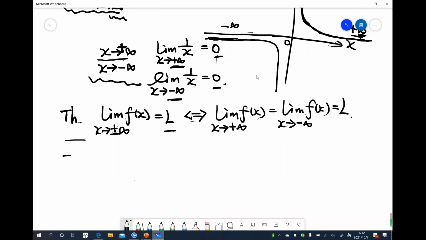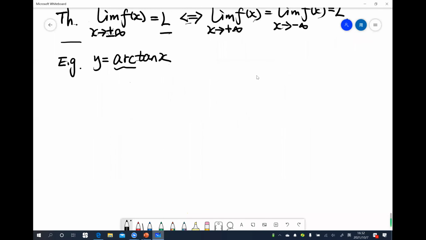Okay, here we see an example. That is this function we learned last week, y equals arc tangent x. Arc means inverse function. We have learned it last week, right? From the graph, I will give you the graph here.